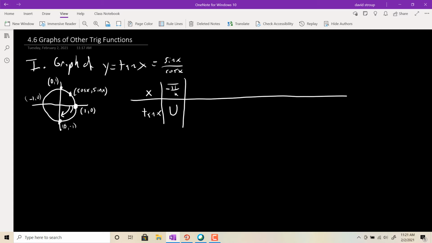Let's then move to negative pi over 4, which would have this terminal side right here. That point there, if you remember from our previous discussions, is at radical 2 over 2, comma, negative radical 2 over 2. And of course, then for the tangent of that, we'll just have negative 1. With the angle of 0, we'll have 0 over 1.